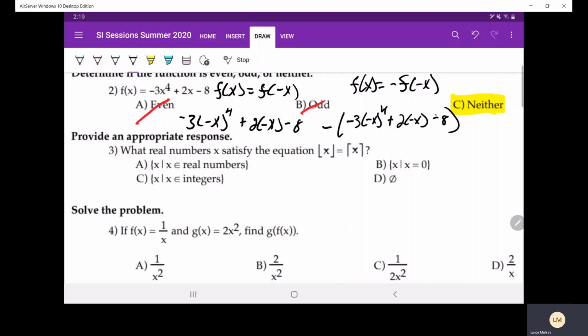Okay, so this one, it wants to know when the lower step function is equal to the higher step function.